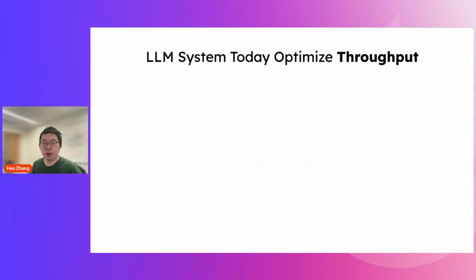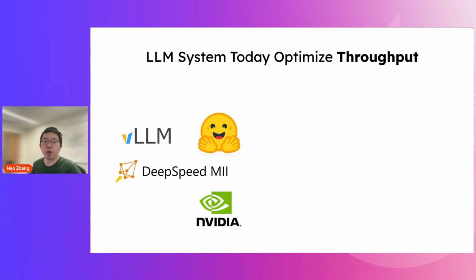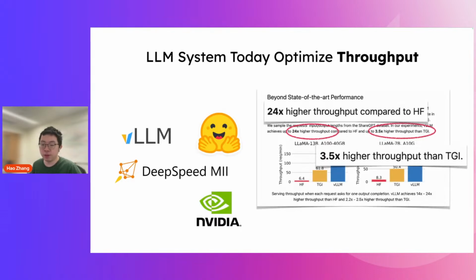Cool. In order to minimize the cost per query, the most popular LLM serving engines today all focus on improving the metric we call throughput, which basically measures how many requests or tokens you can serve per second on a given amount of GPUs. And in this talk, we ask the question: is throughput really a good enough measure considering the rich diversity of LLM applications today?